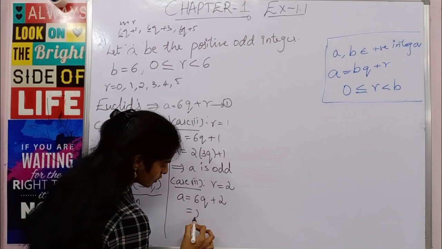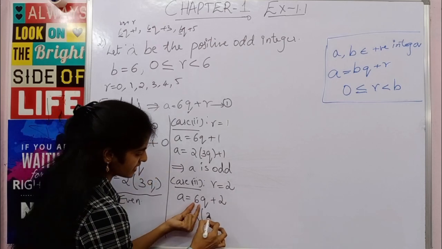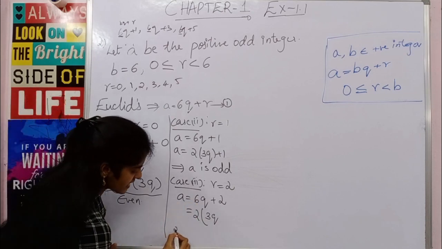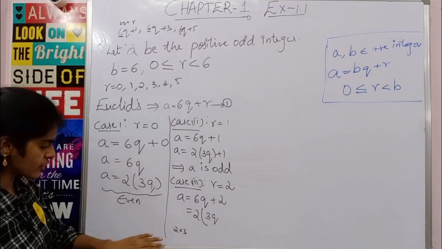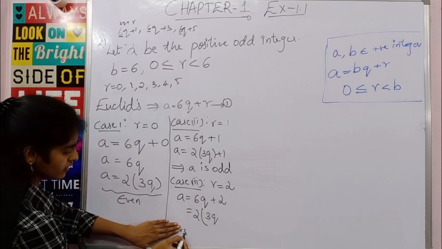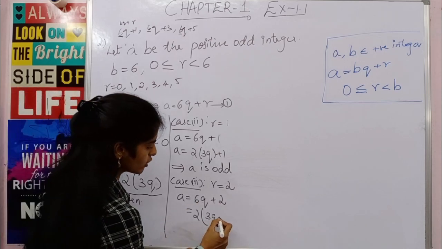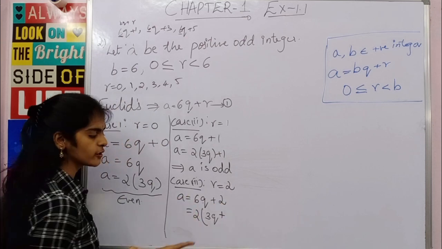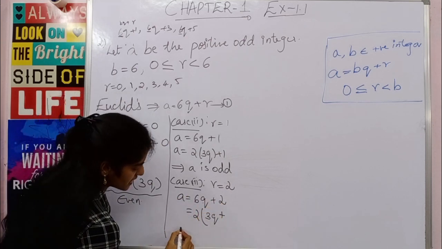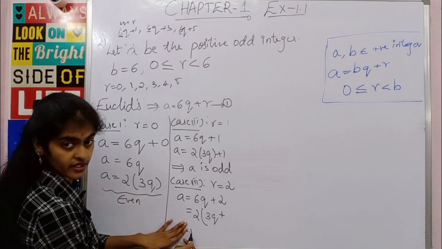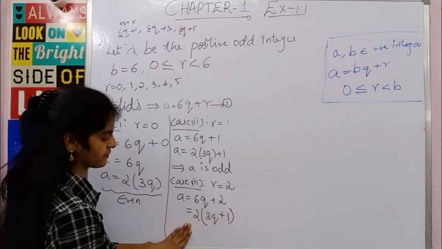If you take 2 common, this is 3q, since 6 can be written as 2 into 3. So what is left over? 3 and q. Also 2 can be written as 2 into 1, so taking 2 common, you are left with 1.